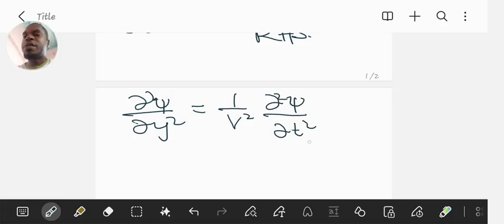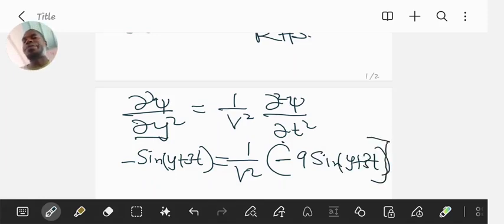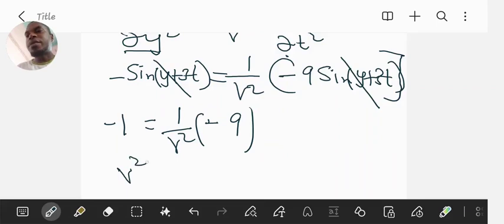We substitute the value we got from our left hand side, negative sin(y + 3t), equal to 1 over v squared, and on the right we plug in negative 9 sin(y + 3t). Now the sine and sine cancel because they are common, so we remain with negative 1 equal to 1 over v squared times negative 9. Therefore v squared is equal to 9.